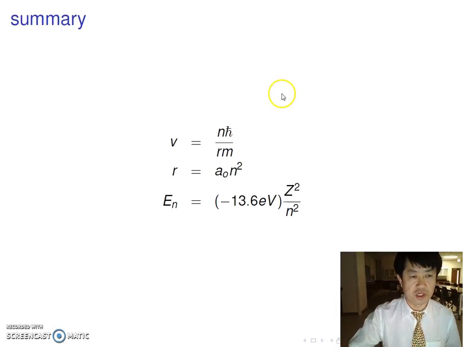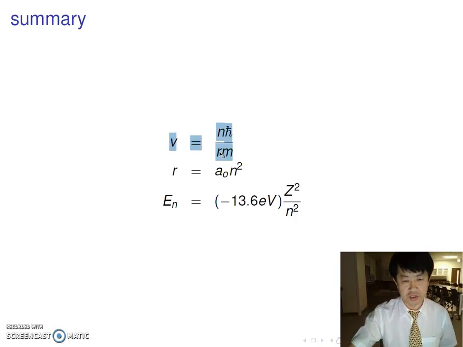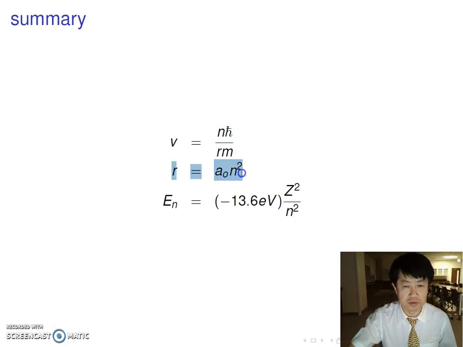Now, if we summarize what we learned: the speed of the electron in orbital motion is n h bar divided by r m. n is the principal orbital quantum number, h bar is the reduced Planck constant, r is the radius, m is the mass of the electron. The radius is the Bohr radius, which is a constant, times n square.